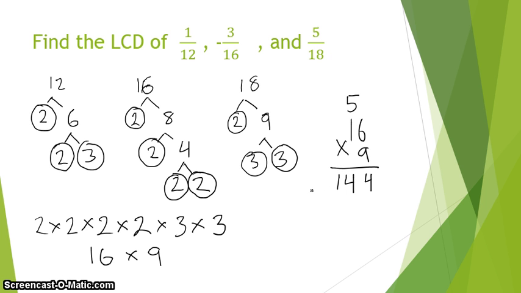So my least common multiple of these three denominators is 144, which means that my least common denominator is 144.